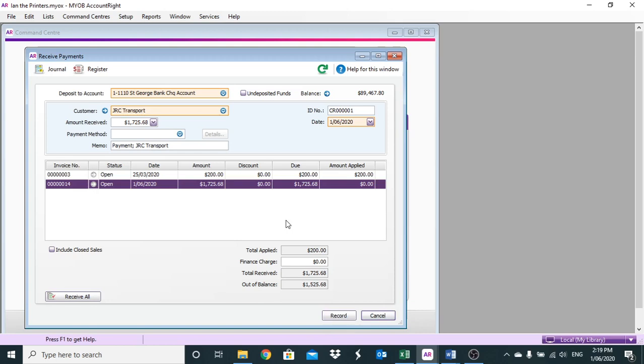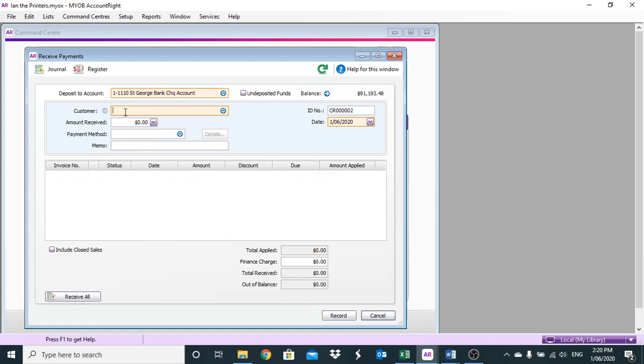We want to associate the payment by JRC to the actual invoice that they are intending to pay. I'm going to delete this one off, double click here again. So you can see that amount received equates to the amount that's open, and hence the out of balance is now 0. Record that one.